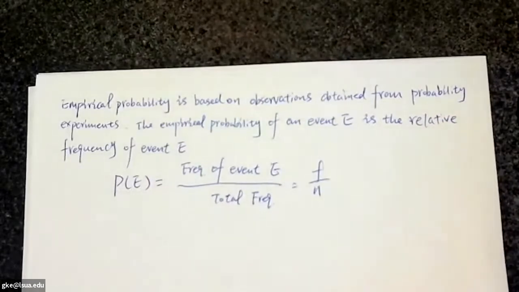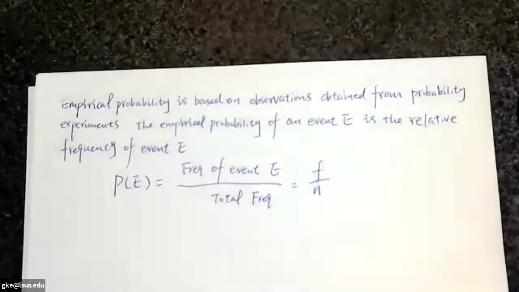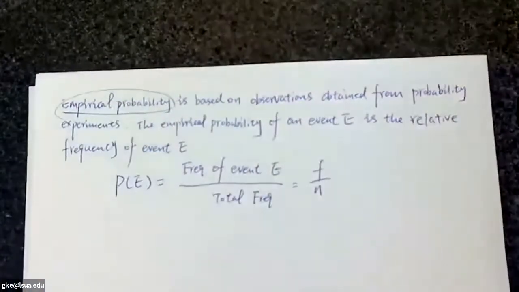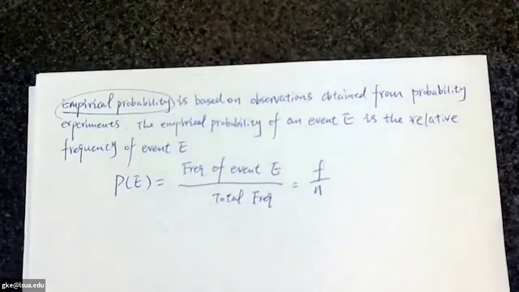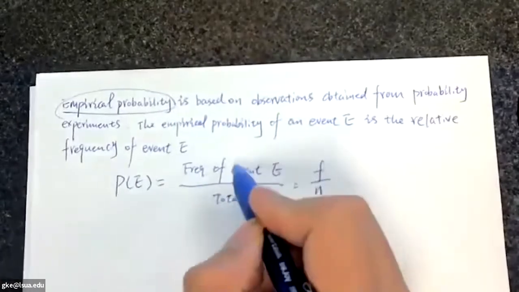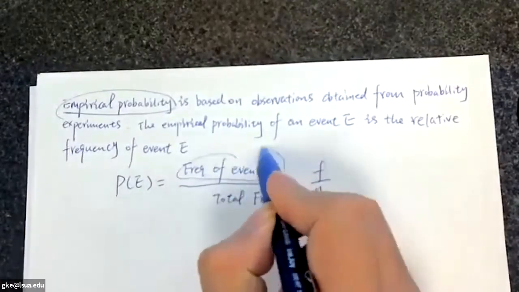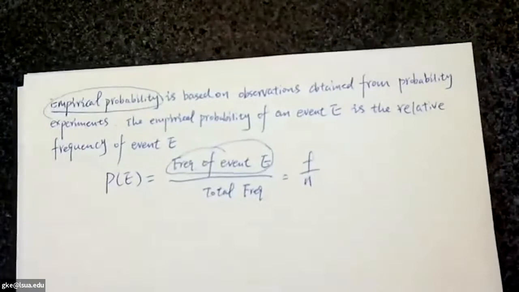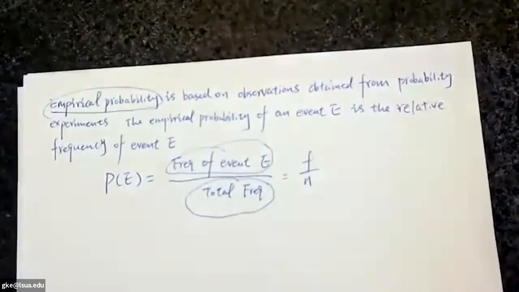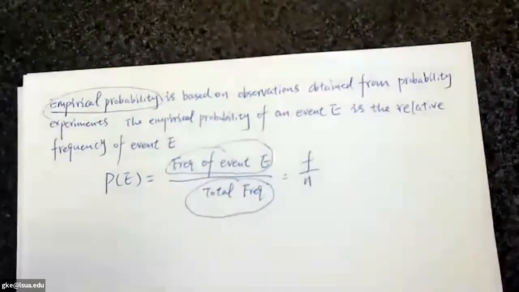So let's take a look. The empirical probability is defined from the probability experiment. For an event E, we use the frequency of event E divided by the total frequency. That's the formula.